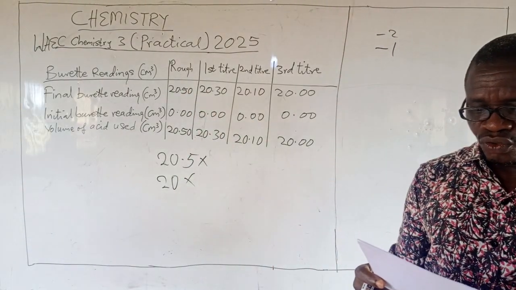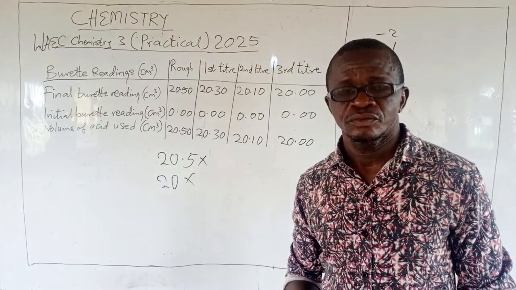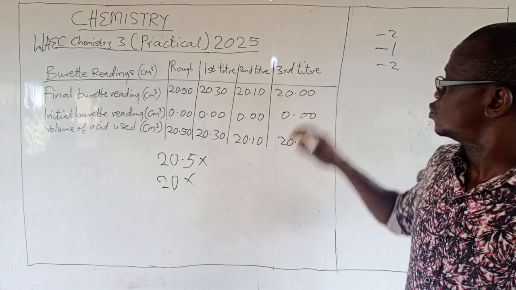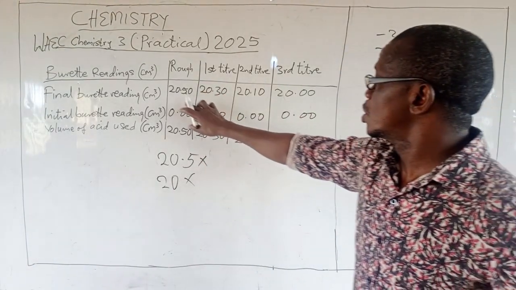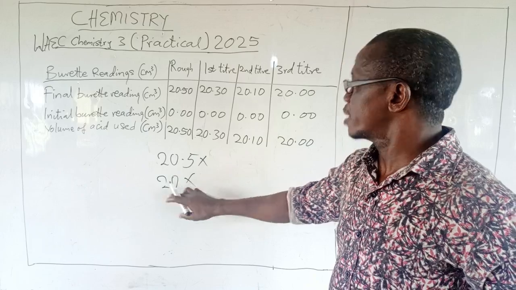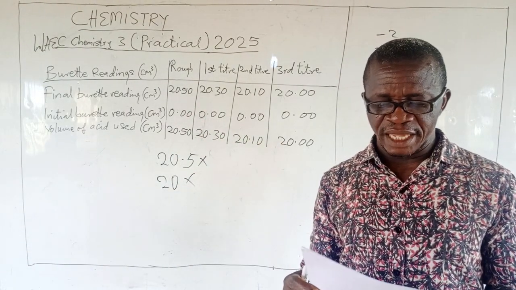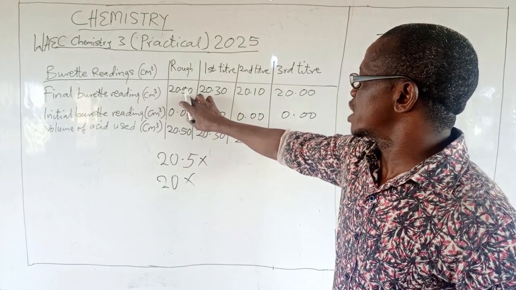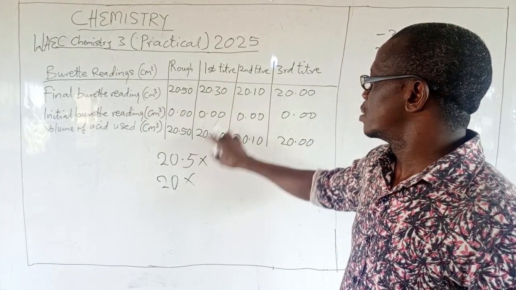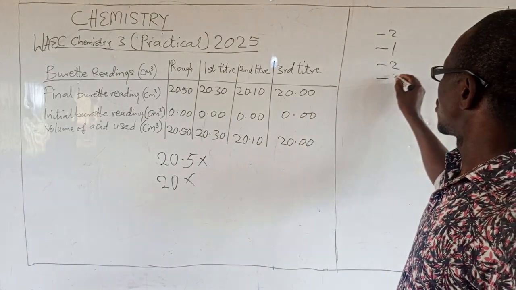So failure to do that, -2. Now, inconsistent reading. Like here you put two decimal places, here you put 1, 1, 2, 1, inconsistently, -1.